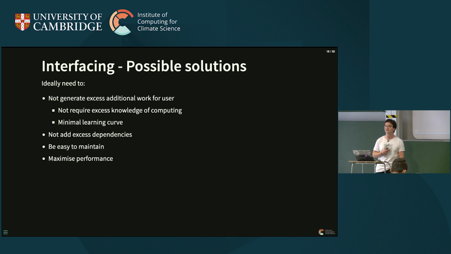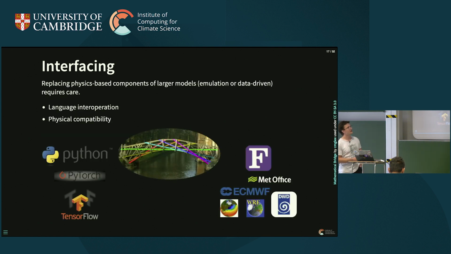You want something that's easy to maintain, and ideally you want it to maximize performance. So your neural net might be 5 times faster than the parameterization you're trying to replace. But if the process of data transfer and copying things from the model out to the net and back in takes 10 times longer than the parameterization, then it's no use, right?